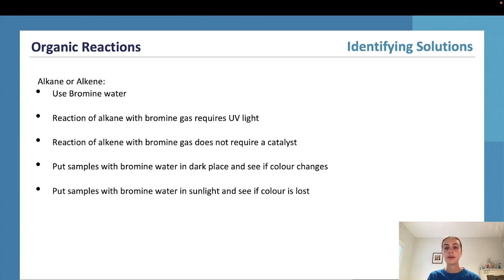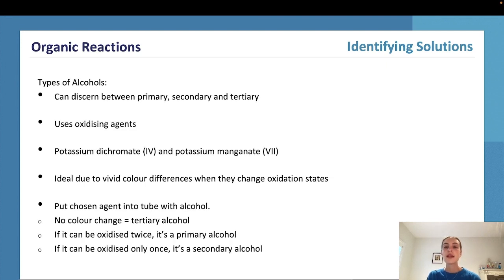The next thing we can do is use our primary, secondary, and tertiary alcohol oxidation to determine which type of alcohol we have. If we have three unknown alcohols, we can use potassium dichromate or potassium manganate, which each have different colors when they change oxidation states. You can put the unknown alcohol into a tube with the potassium dichromate.